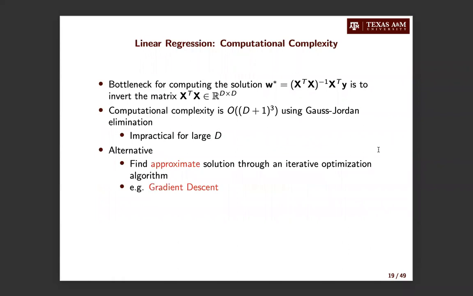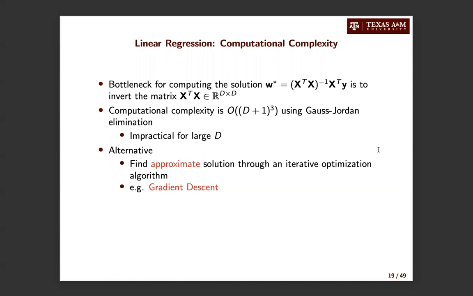So why would we like to use an approximate solution to solve a linear regression problem rather than the closed form solution? The first reason could be that the closed form solution is computationally very expensive to calculate.